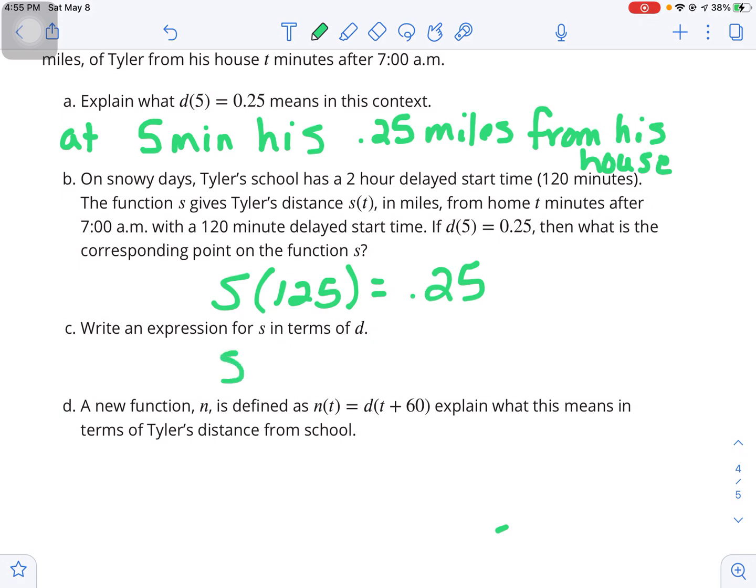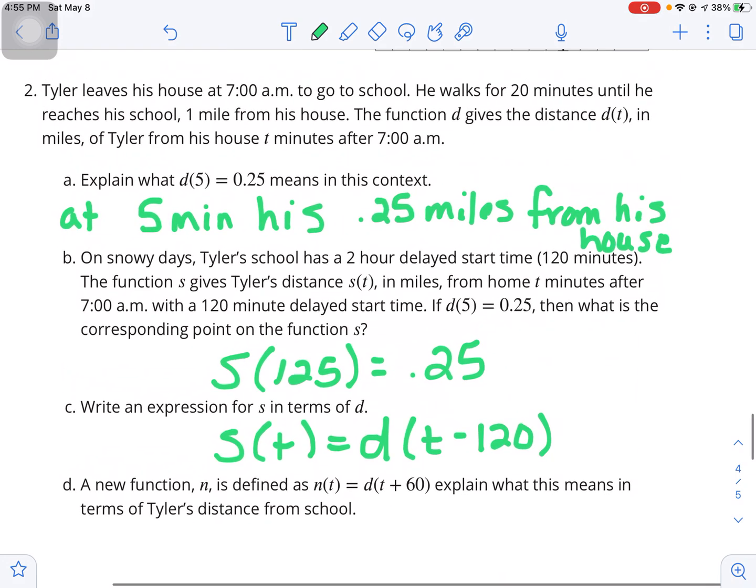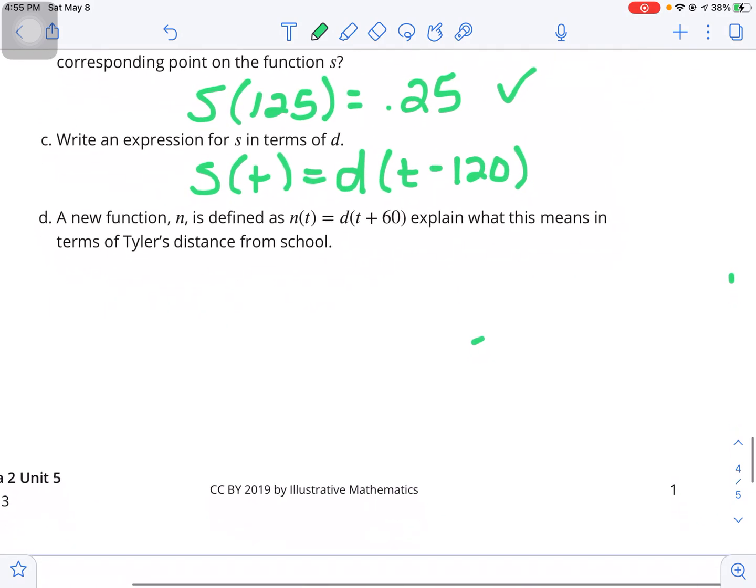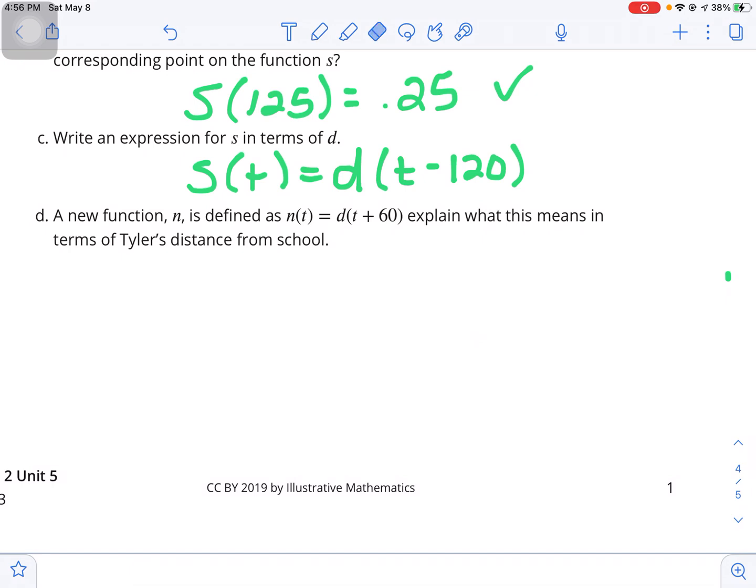So s of t is equal to d of t minus 120, because in the original, he was leaving at 7 a.m. Now he's leaving 120 minutes later, so 9 a.m. But he's getting to this quarter mile mark, this 0.25 miles away from home, 120 minutes after he does originally. So it's d of t minus 120.